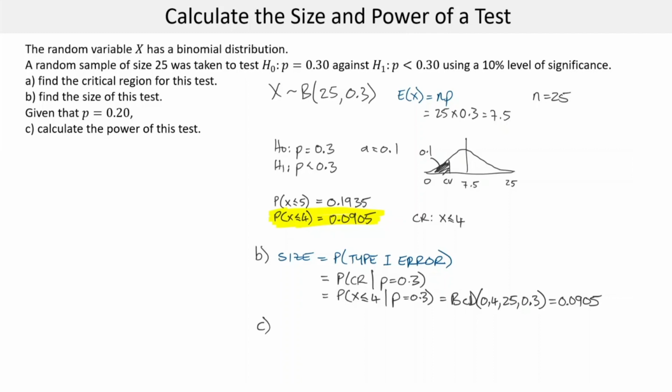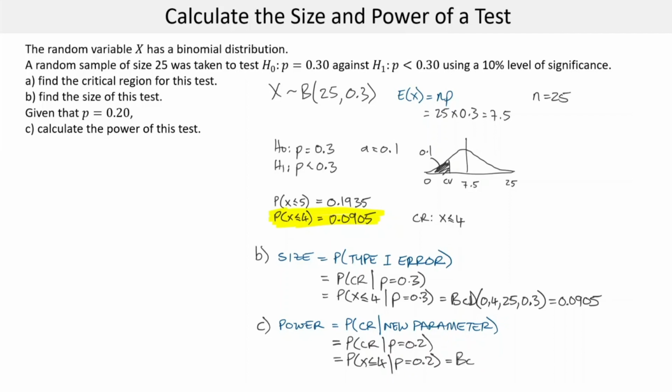Okay, let's move on to the power. Well, the power we saw from the matrix, from the two-way table, is the probability of the critical region, but using the new parameter. So this time round, we're still finding the probability x is less than or equal to 4, but we're using the new parameter, p equals 0.2.